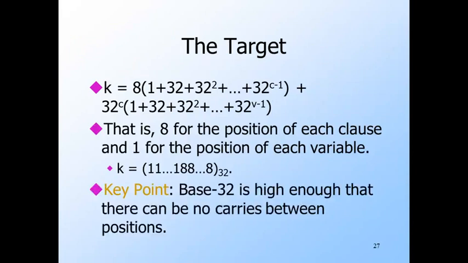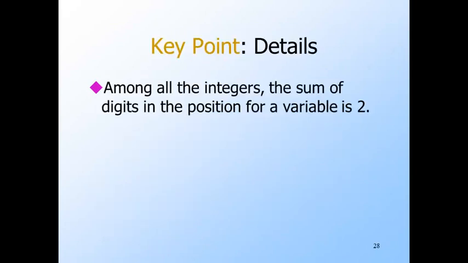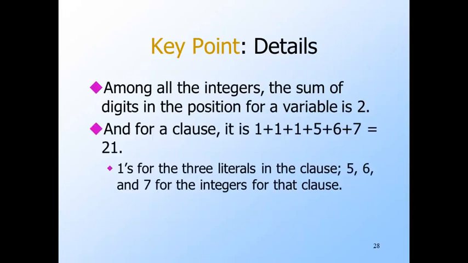We claim that when we add a subset of the 2V plus 3C integers, there cannot be any carries from one place to the next higher place. We'll see why on the next slide. In the high order positions, only 2 integers have a 1 in any position, so there can be no carries there. For the low order positions corresponding to the clauses, each position has integers with 5, 6, and 7 there.